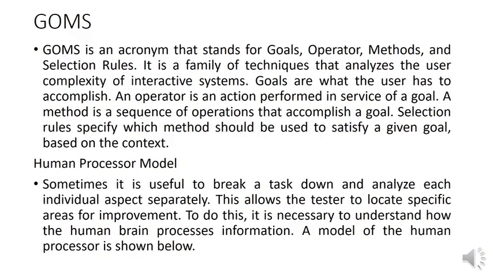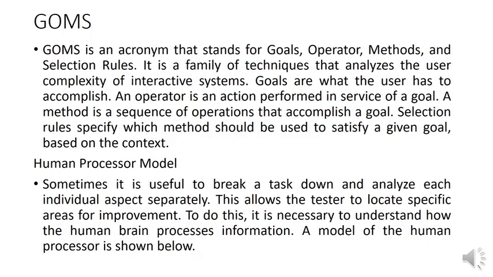So, number one, the goals are the set out tasks or functions that the user is determined to achieve, while the operators are all the steps, you understand it, an action that is going to be taken to perform that goal to be achieved, while the methods are the approach used in the process, and the selection rules are those rules that are used in the method to achieve the goals.